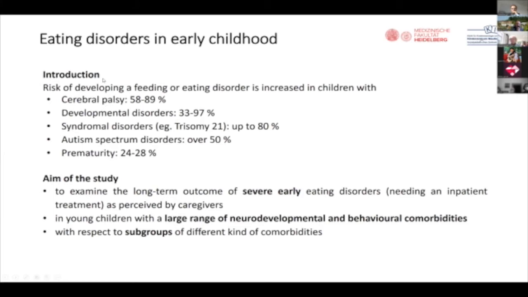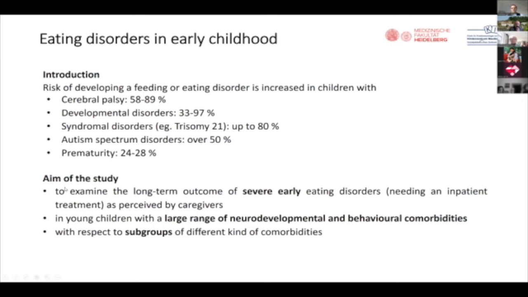Eating disorders in early childhood are very frequent in children with developmental delays and developmental disorders. As you see, in cerebral palsy it's extremely frequent, and also in other developmental disorders, in syndromal disorders, in autism spectrum disorders, and of course in children with a history of prematurity.